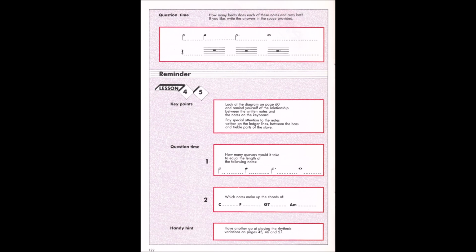As for the chords, the C major chord is made up of the notes C, E, and G. The F major chord is F, A, and C. The G7 chord can be either B, F, and G, or D, F, and G. And the A minor chord is formed by C, E, and A, or, in another order, E, A, and C.